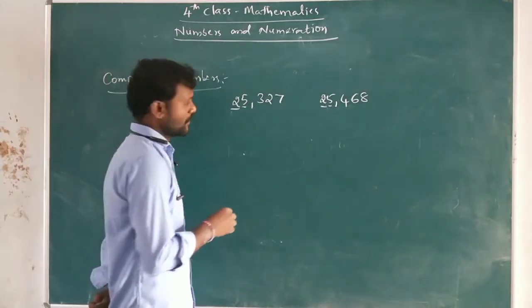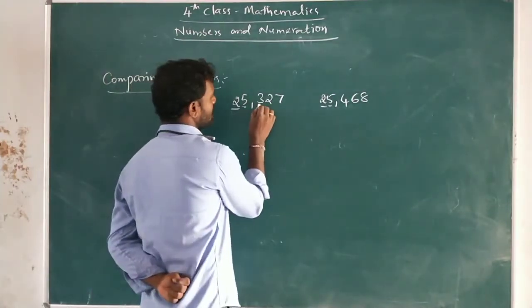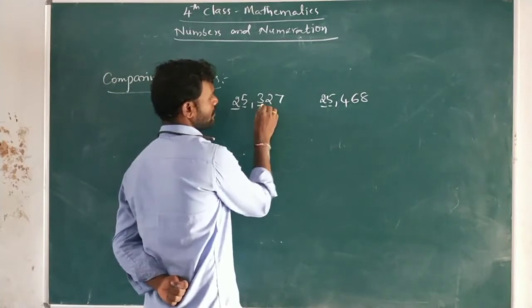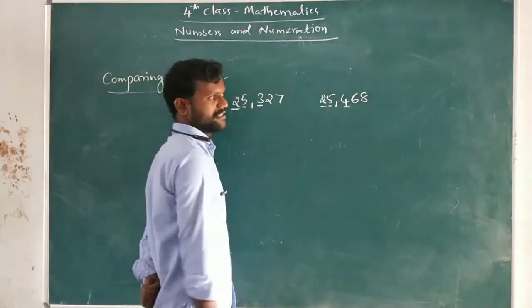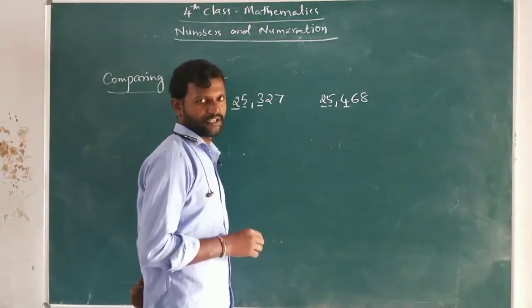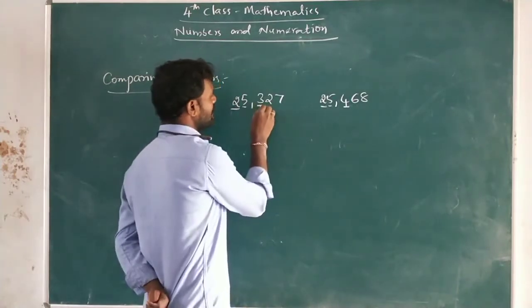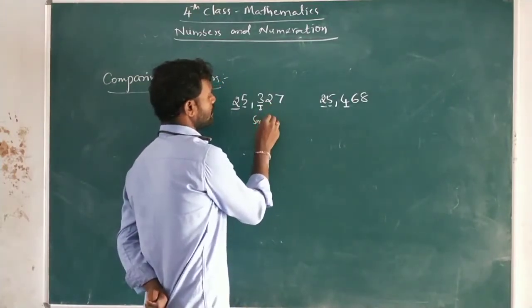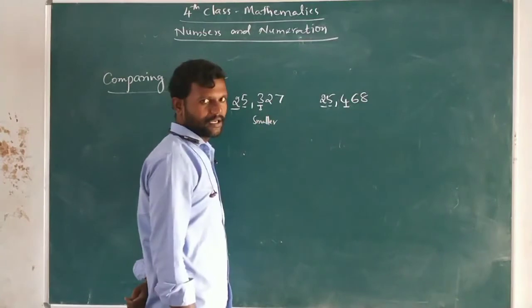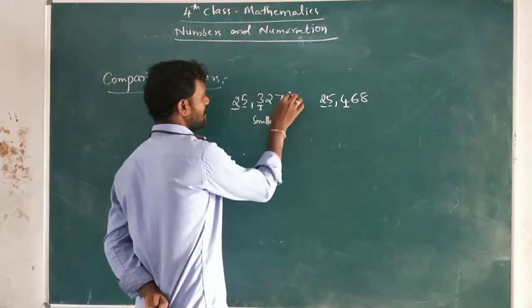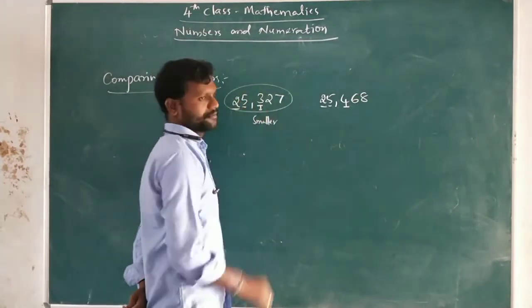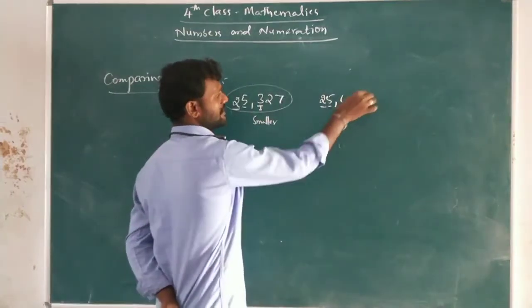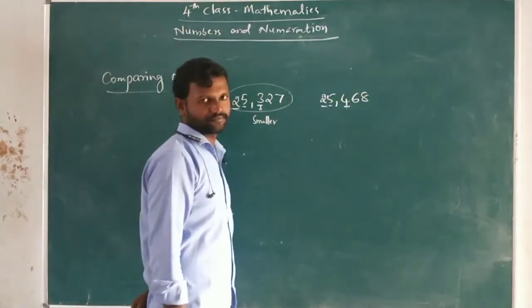If the thousands are also the same, then go to the hundreds place. 3 is in the hundreds place here, and 4 is in the hundreds place here. They are different, and 3 is smaller. So this number is smaller, and 4 is larger, so this number is larger.